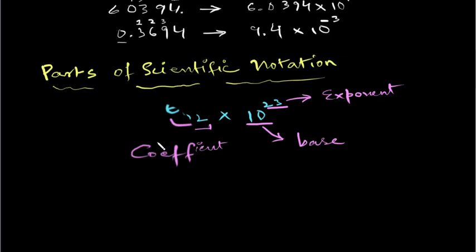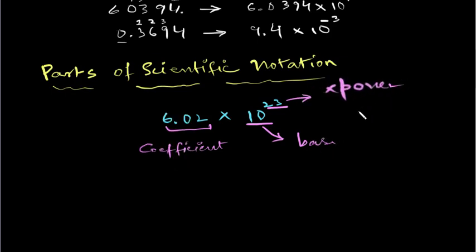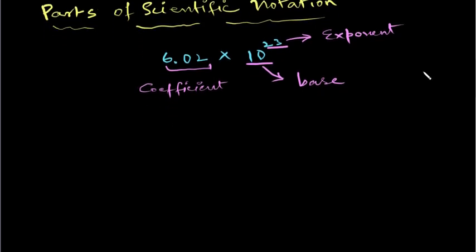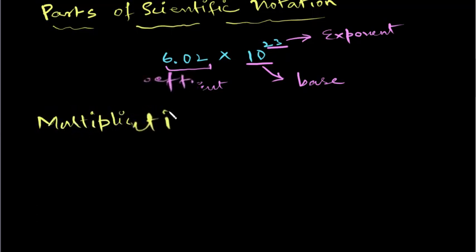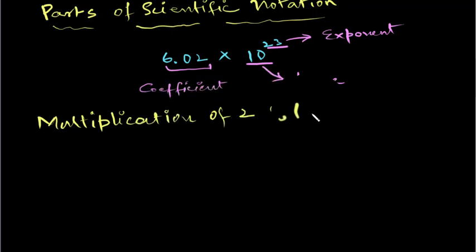Now we can move on to the mathematical concept, how we can arithmetically solve those scientific notations. It is also very easy. Suppose I want to multiply 2 numbers, so I can have the heading multiplication of 2 scientific notations.